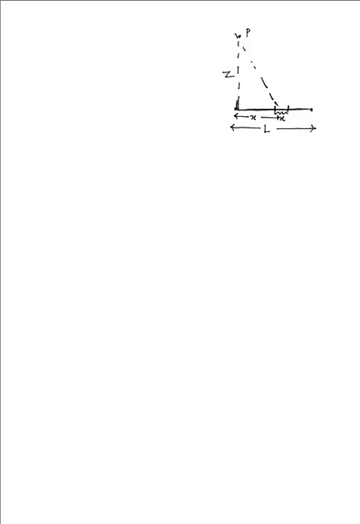So this small segment that I've considered is dx, and this length, let us take it as r, where r squared is obviously equal to z squared plus x squared. That's the Pythagorean equation.